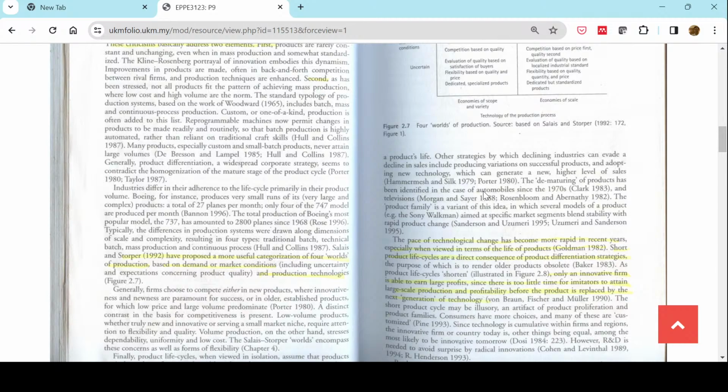And what is being feared by the United States is that this technology in advanced semiconductors, advanced microchips, is feared to be dual use.